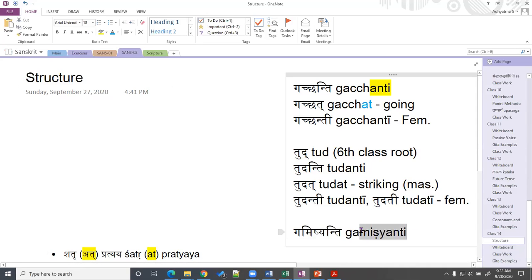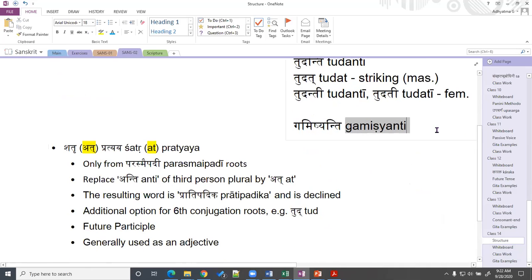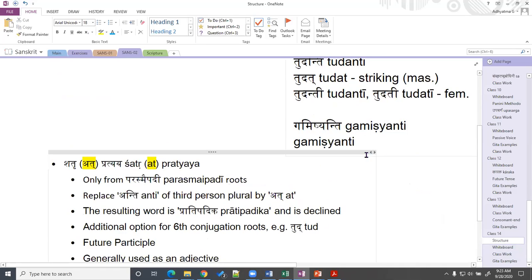You can take the same logic here: anti will be replaced by at, and you can have gamishyat.